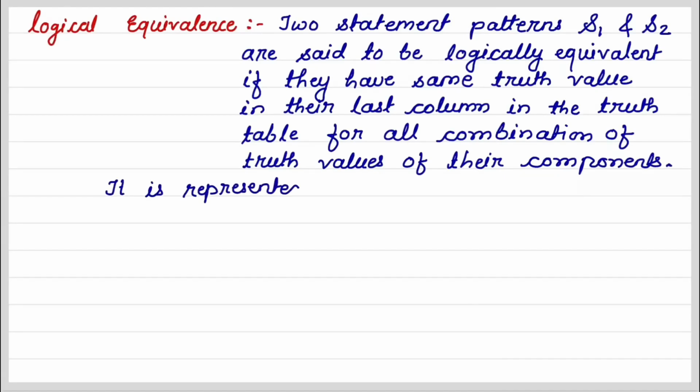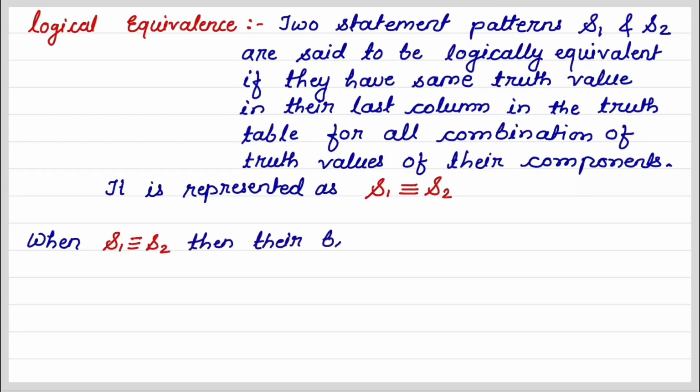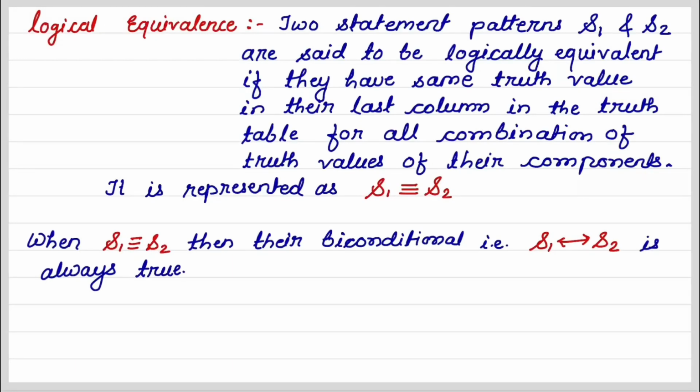It is represented as S1 is equivalent to S2. When S1 is equivalent to S2, then their biconditional, that is S1 double implies S2, is always true.